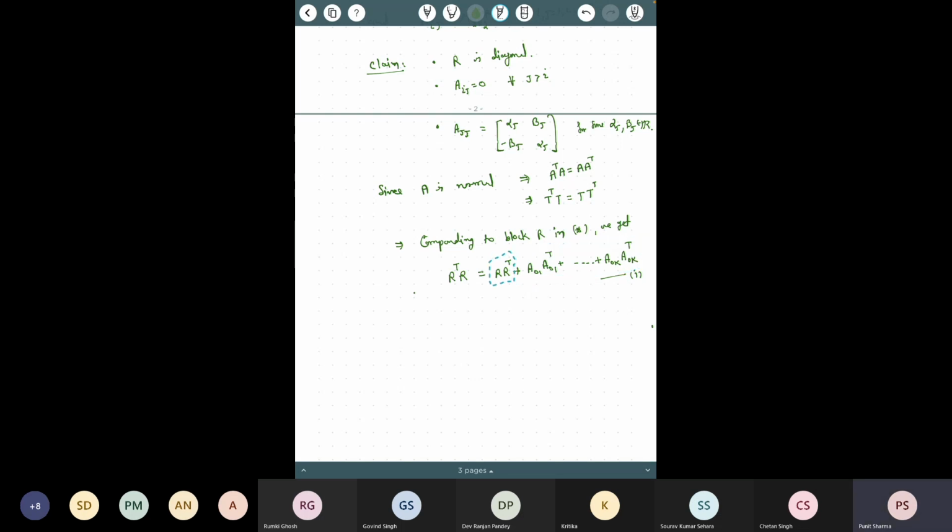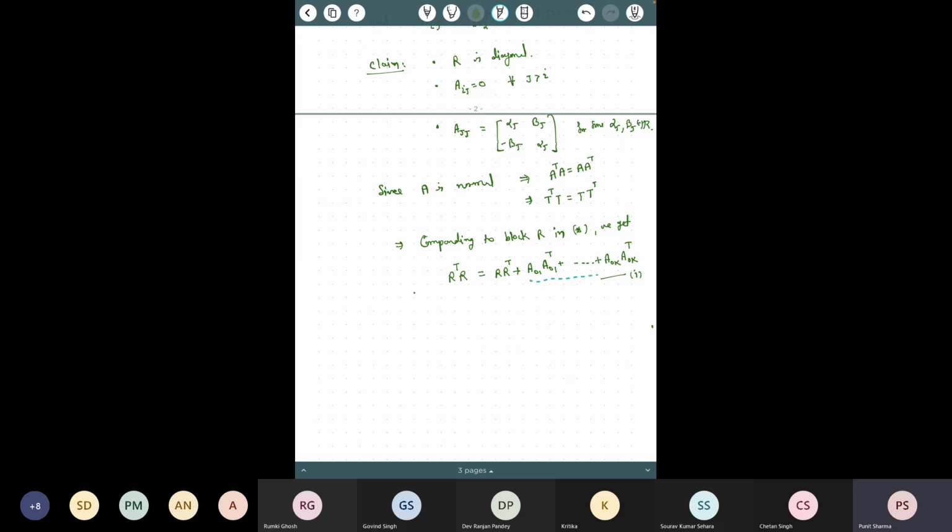Now the trace of R transpose R is the same as the trace of RR transpose, so these two will cancel out. What will be left is the trace of A01 A01 transpose plus the trace of A02 A02 transpose and so on, plus the trace of A0K A0K transpose, equal to 0.